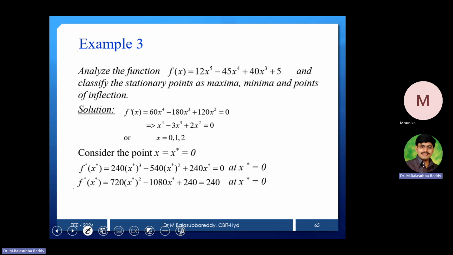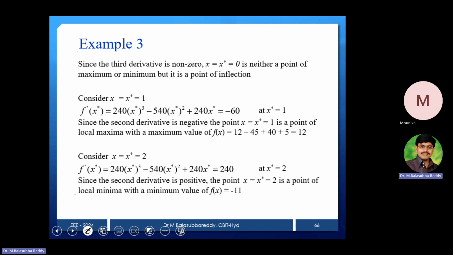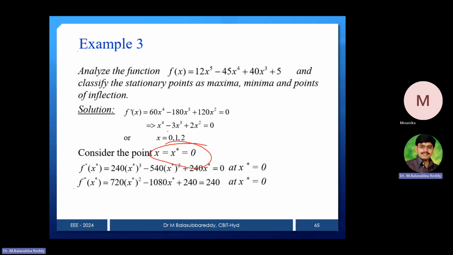For all the cases, we substituted the optimal value x star equal to 0. Since the third derivative is non-zero, it is neither a point of maximum nor minimum, but a point of inflection. Like that, we can identify with different cases, because how many cases we have: x is 0, x is 1, x is 2, like that.